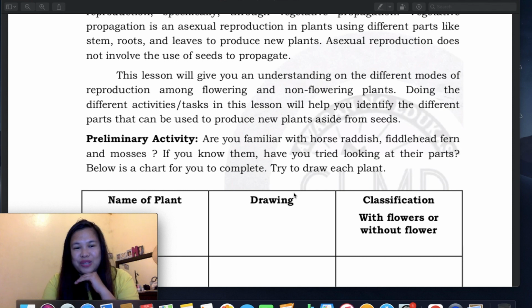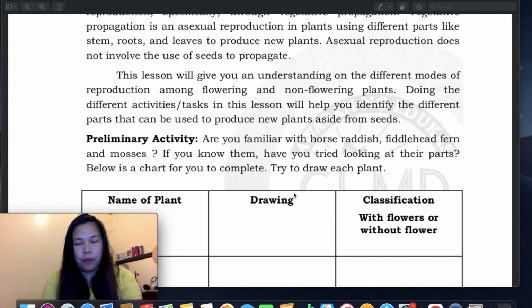So, when you say flowering, from the word itself, namumulaklak. Pag sa non-flowering plants, from the word non, so walang bulaklak. So, doing the different activities or tasks in this lesson will help you identify the different parts that can be used to produce new plants aside from seeds.